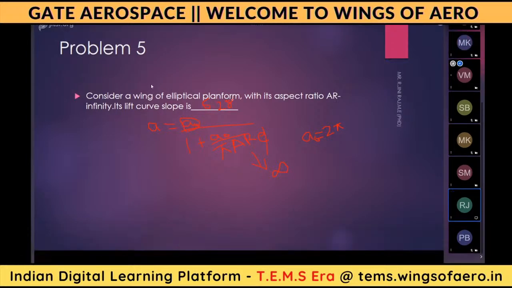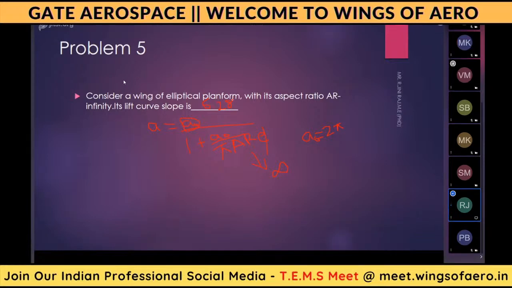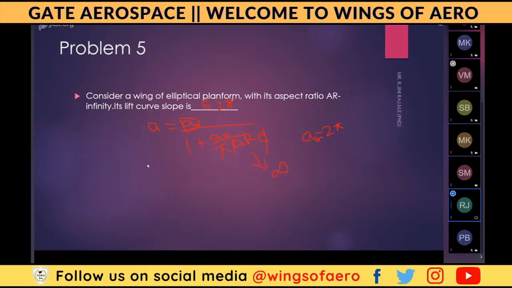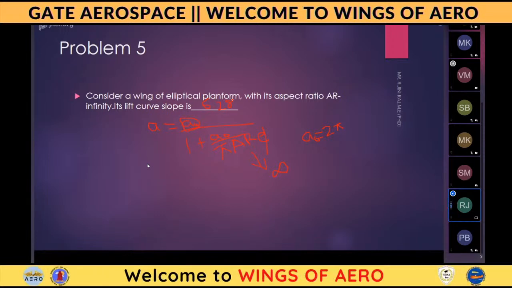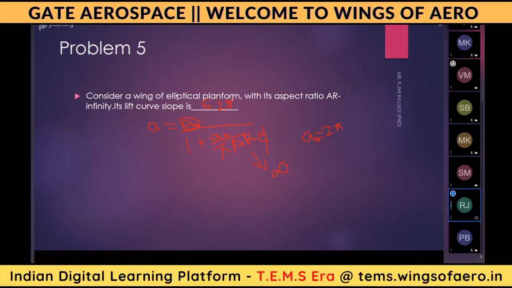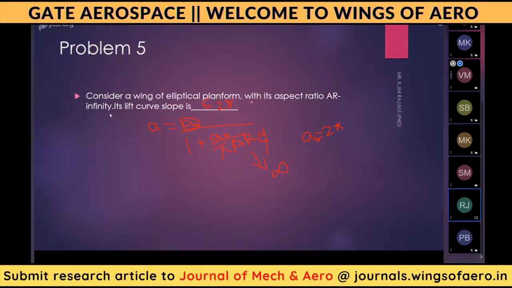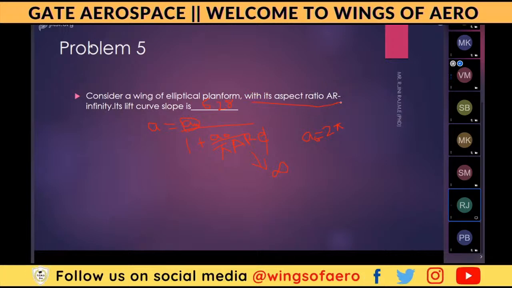Everyone got this answer? Yes, sir. So when the aspect ratio is infinity, the lift curve slope value will be 2 pi only, the same for the finite platform and the elliptical platform. The lift curve slope for any particular airfoil section is 2 pi.